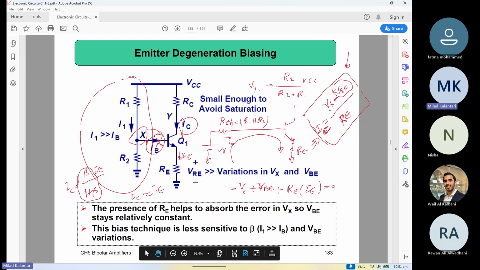IC is equal to Vx, which is the voltage divider of these two resistors, minus VBE, divided by RE. This is the collector current. Which parameters in this equation are under our control or not? We want to control the collector current.